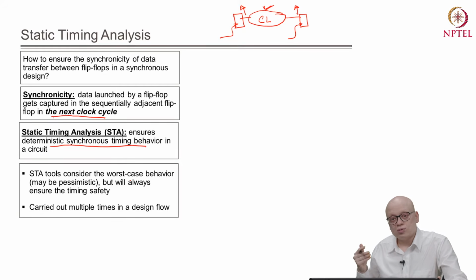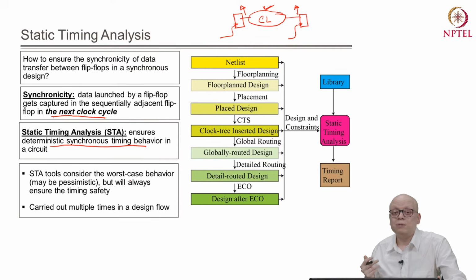So, that is why ensuring the timing behavior of our design and checking it with STA tools is very important. And in a design flow, this is carried out multiple times, right.